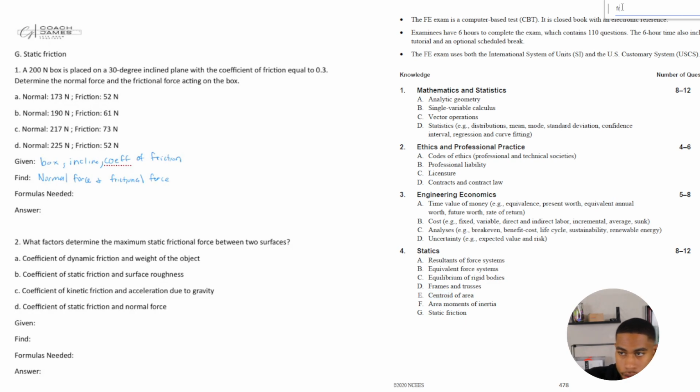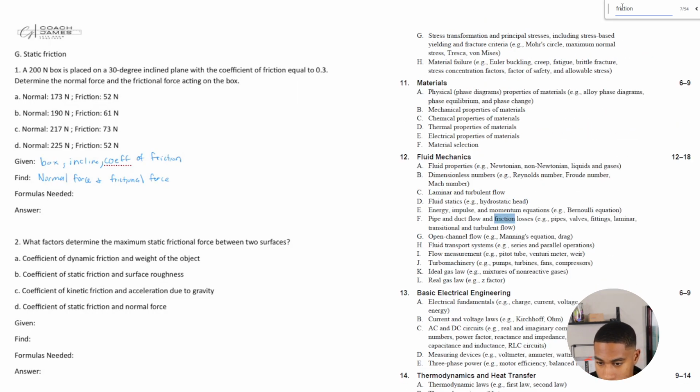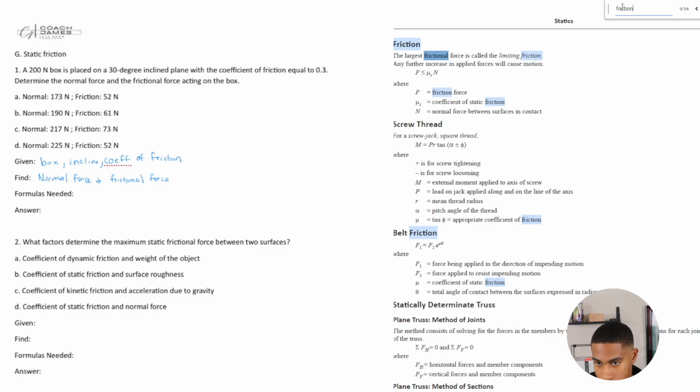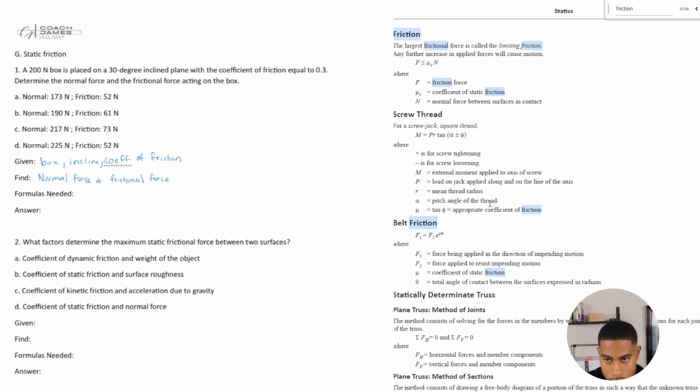Look up friction. When I look in statics and go to friction, I find something that helps me. It says the largest frictional force, any other increased forces will cause motion.